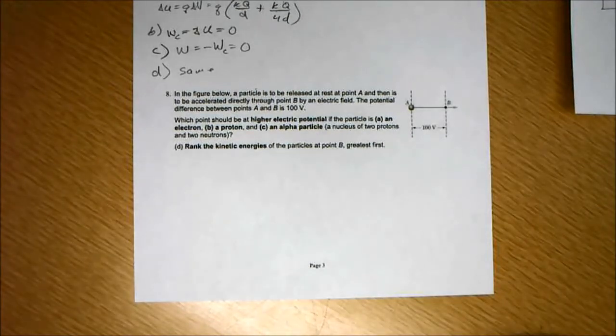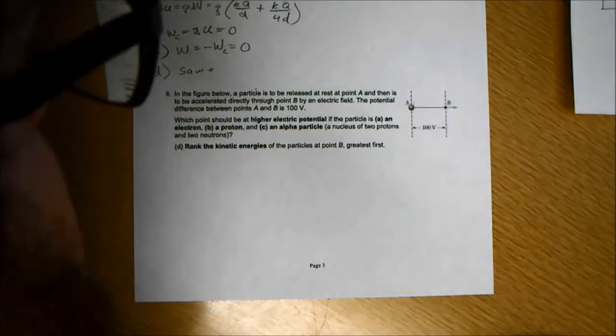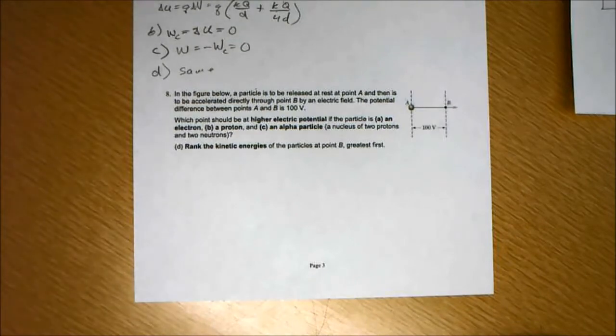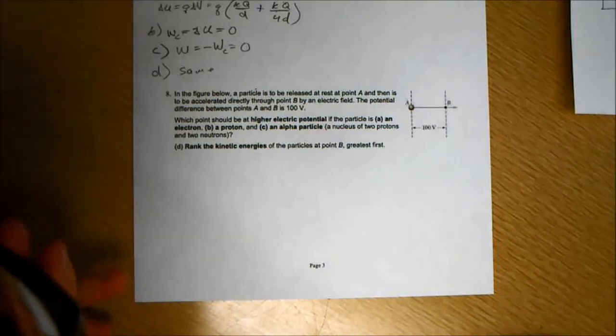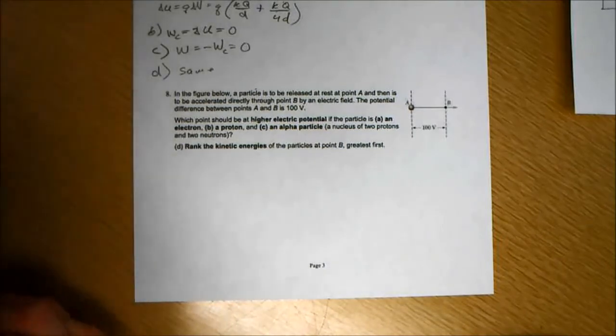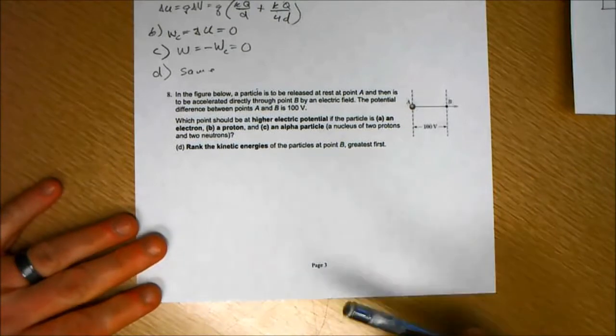So in the figure below, a particle is to be released from rest at point A and then is to be accelerated directly through point B by an electric field. The potential difference between A and B is 100 volts. Which should be the higher electric potential if the particle is an electron?